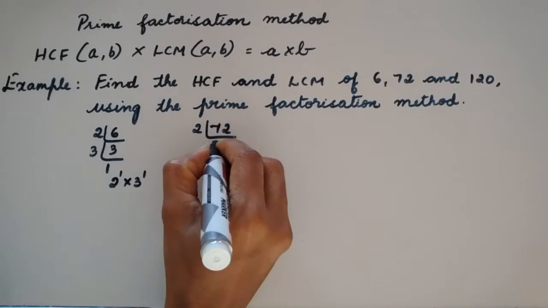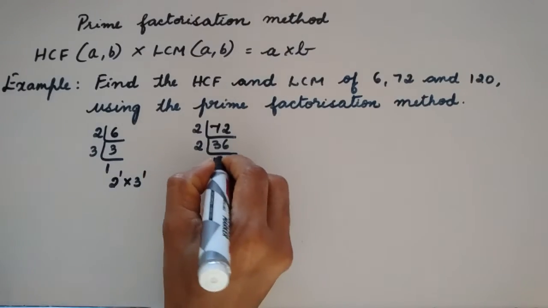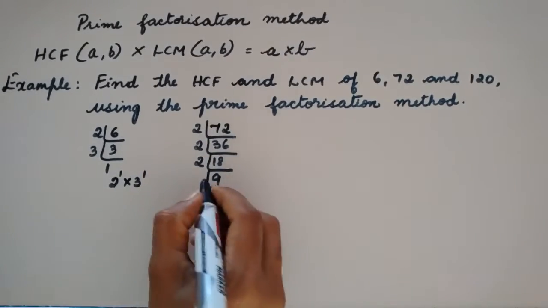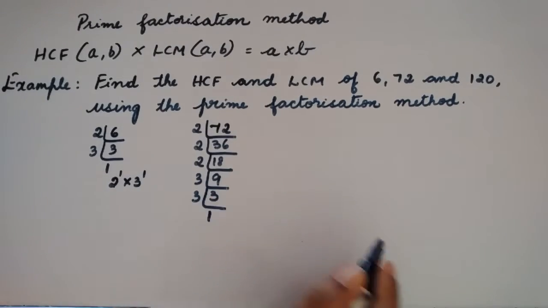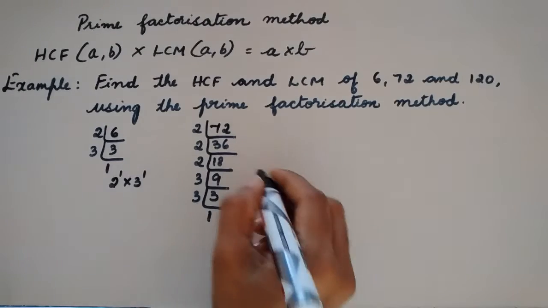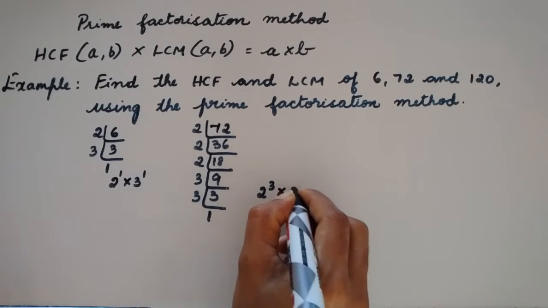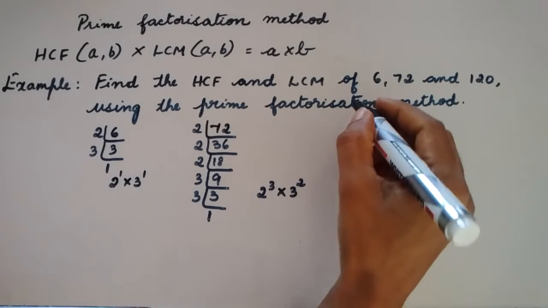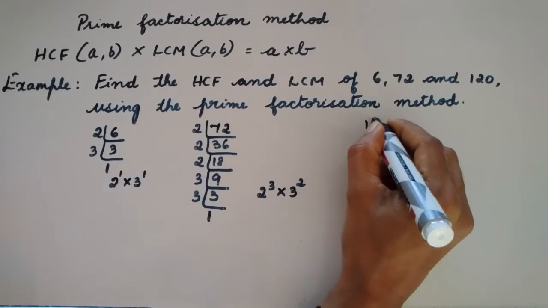So 2 3s are 6, 2 6s are 12, 2 18s are 36, 2 9s are 18, 3 3s are 9, 3 1s are 3. Okay, so the prime products are 2 to the power 3 into 3 to the power 2. So next let us factorize 120.